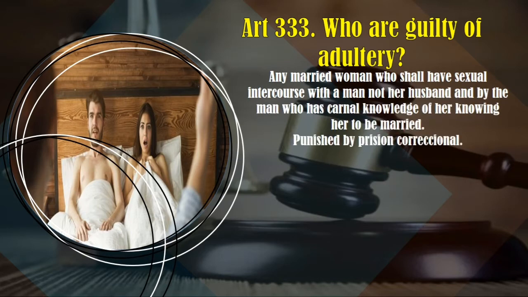Article 333 provides that adultery is committed by any married woman who shall have sexual intercourse with a man not her husband, and by the man who has carnal knowledge of her, knowing her to be married, even if the marriage be subsequently declared void.